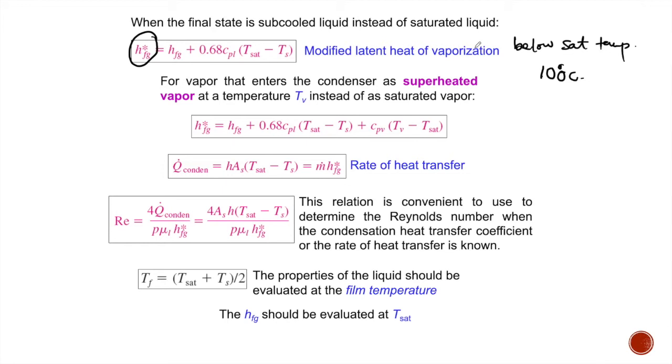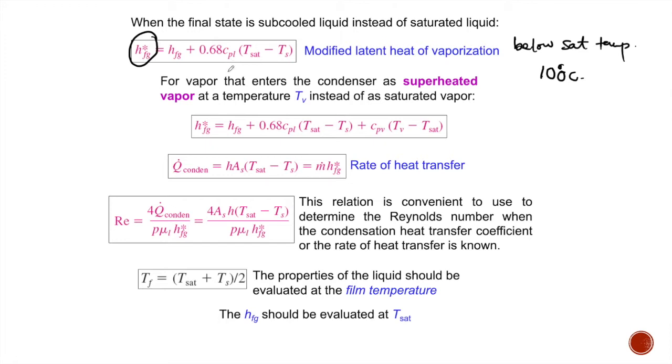So you will use this equation: h star fg equals hfg plus 0.68 Cpl, the specific heat capacity of the liquid, times T saturation minus Ts. All this information you will have to refer to the table, or it is already given in the question.